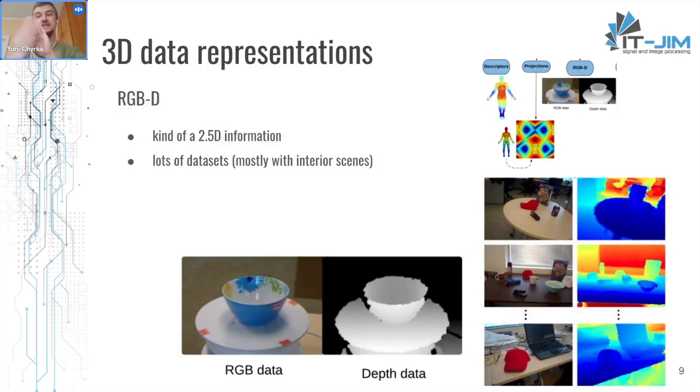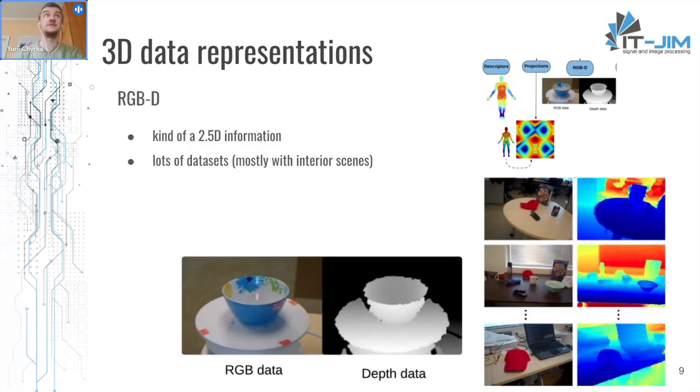And depth is still two-dimensional. So in that way, it's 2.5-dimensional information. There are lots of data sets with such data, and most of them are interior scenes or some small objects.